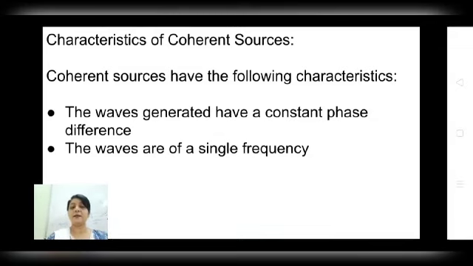As a result, the single amplitude is divided into two different amplitudes, and the two different waves obtained are coherent in nature. This type of method is used in the Michelson interferometer experiment.